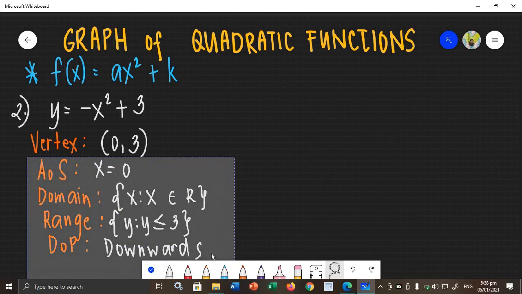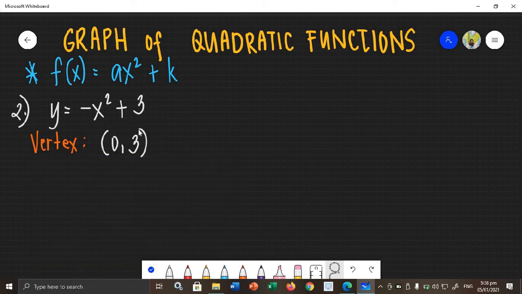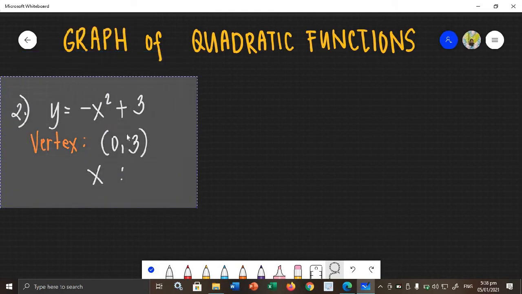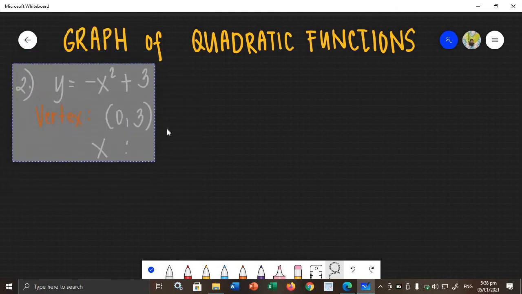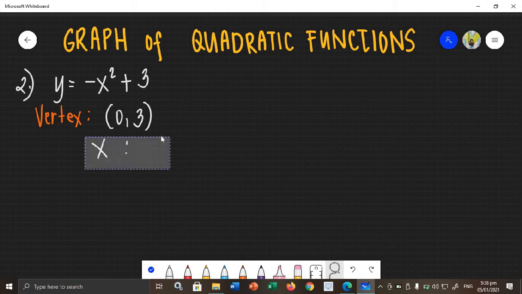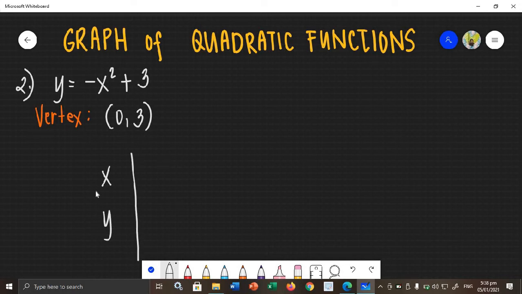But then, the only thing na importante is we know how to get the vertex. No? So yung vertex natin, using the vertex, we will assign values of x-coordinate and y-coordinate.